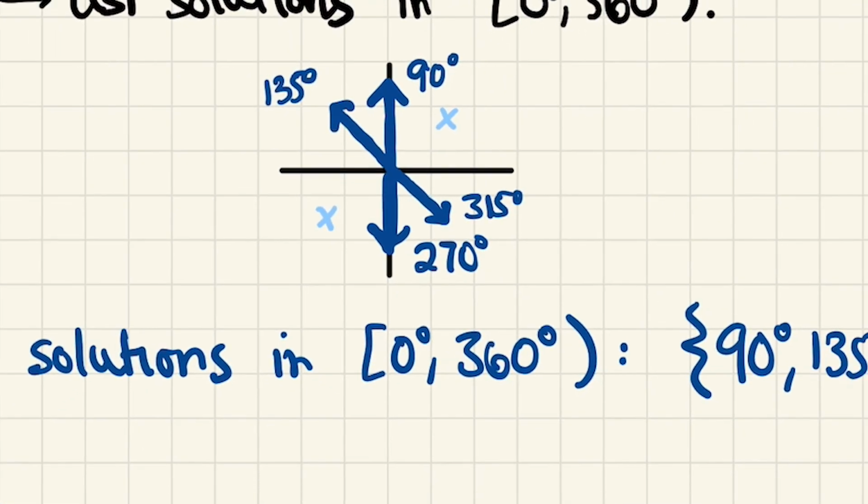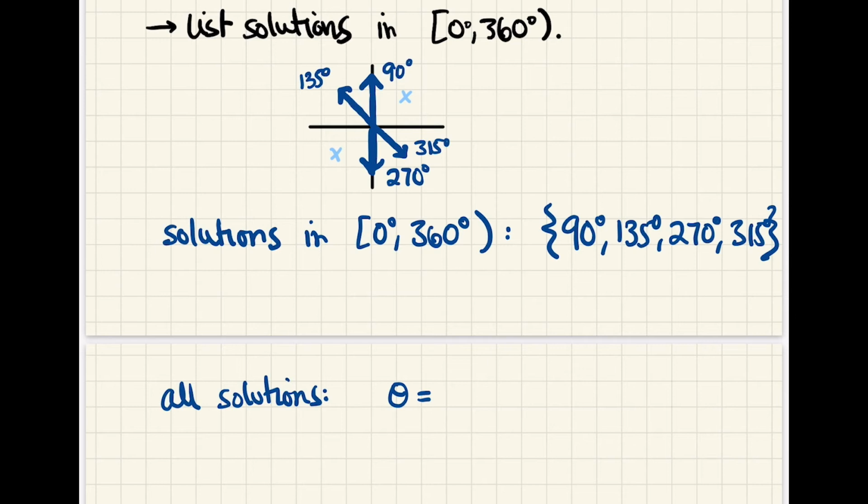However, what we can do is say that theta is 90 degrees plus 180 degrees times n, and that captures the 90, of course, but also the 270, which is exactly 180 away from it. And when you add another 180 to that, you go back up to the top here, to the one that's coterminal to 90. And you add 180 to that, and you're back down here to something coterminal to 270. You just bounce back and forth. So those two arrows are covered by this statement.